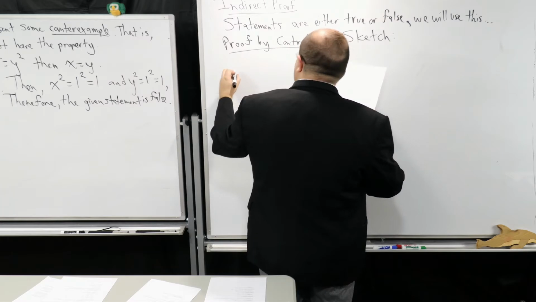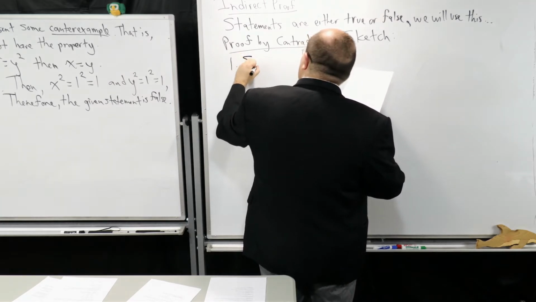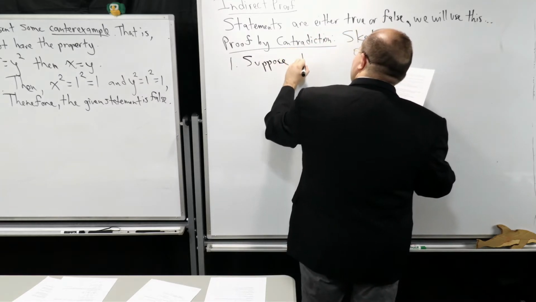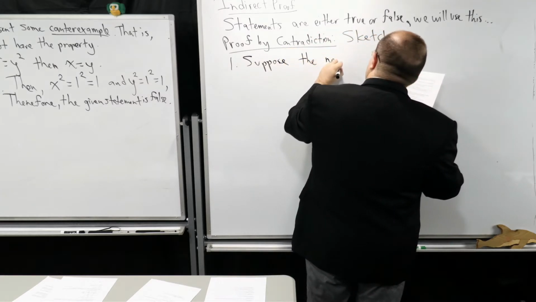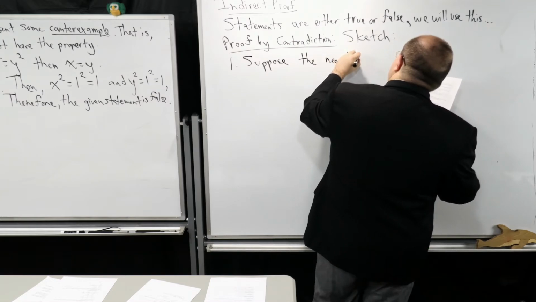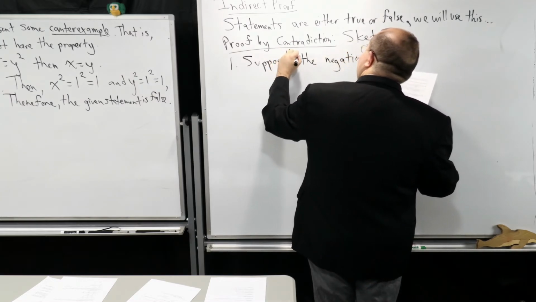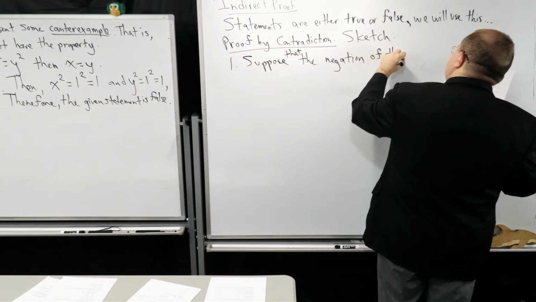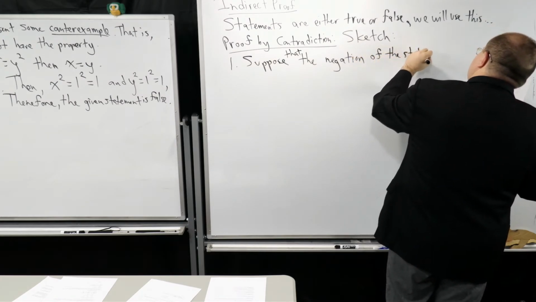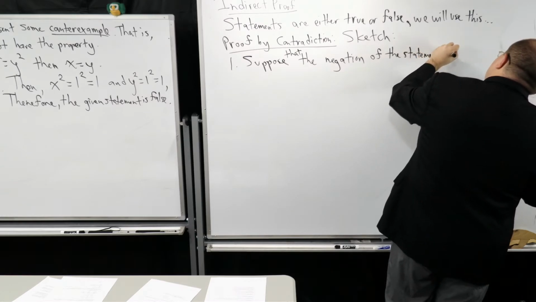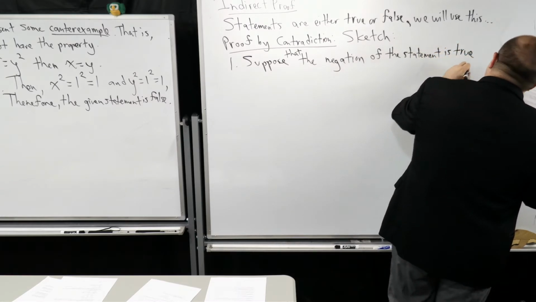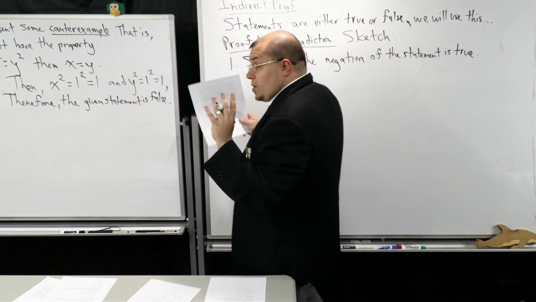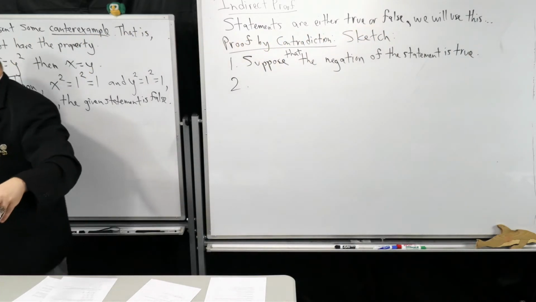The first thing you're going to do in such a proof is suppose that the negation of the statement is true. So we're going to start by just supposing or assuming that the negation of the statement is true.